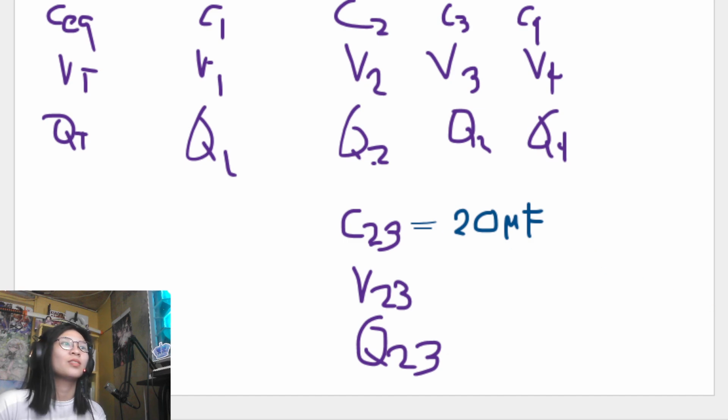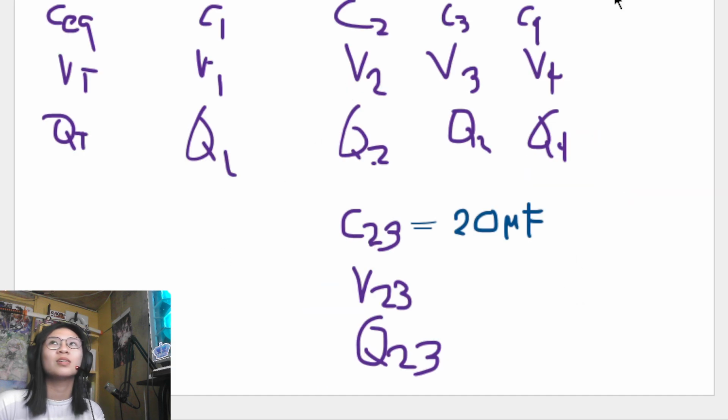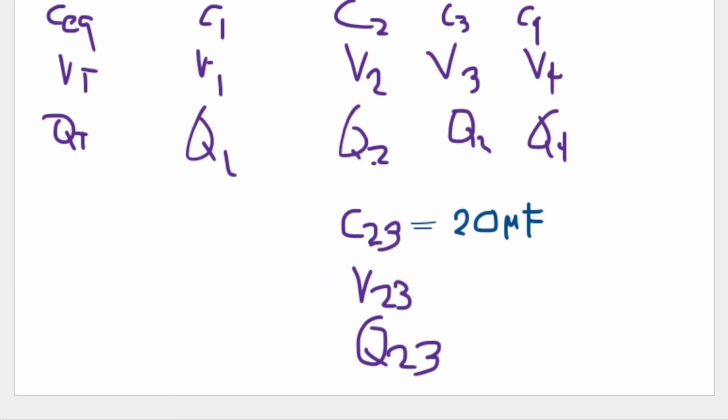Okay? So once you have combined them, they become a series. What do you mean by that? Let me draw it. We have our battery here. Then we have our C1, then our C4, and then our C23.